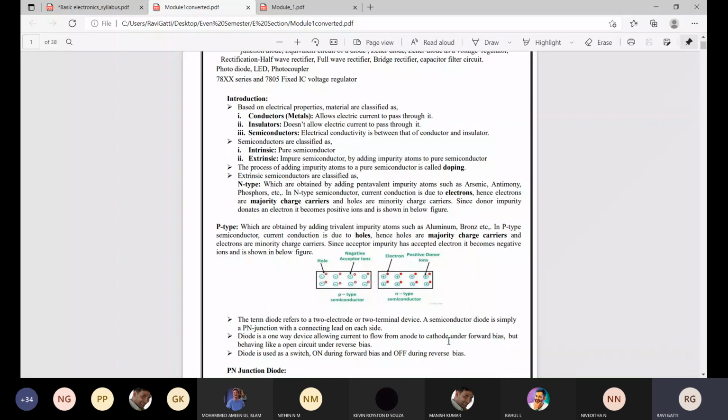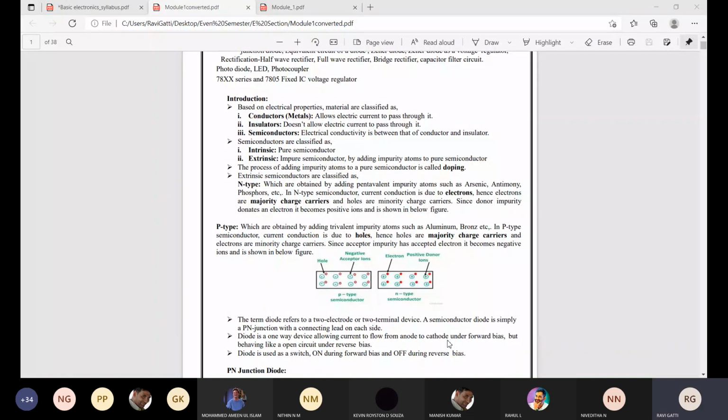What do you mean by valency band, conduction band? Anyone, do you remember these concepts? Yes, anyone? What do you mean by conduction band, valency band? See, when is it possible for electric flow to happen?